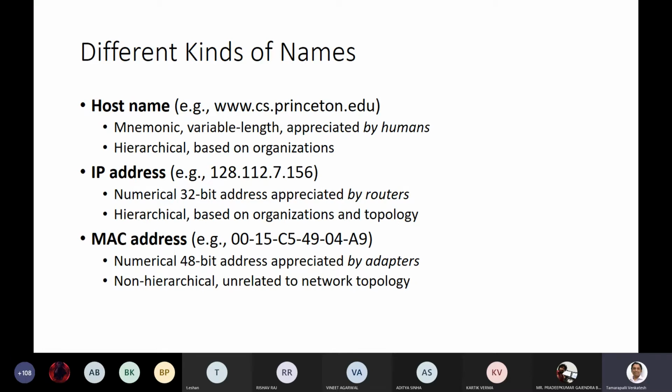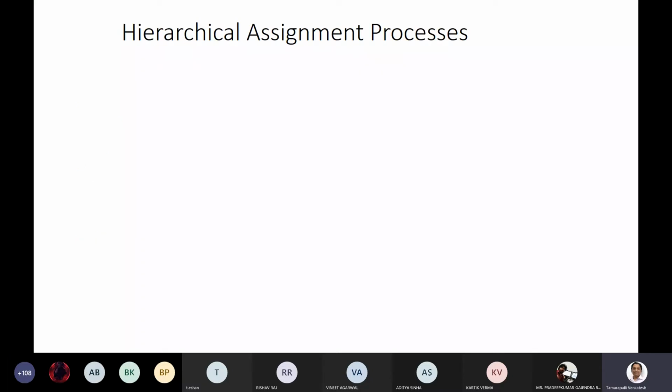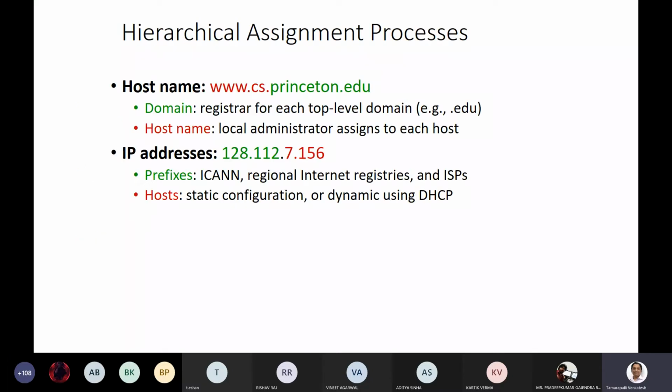So the top two addresses have a hierarchical assignment, and there is a structure in them which is used for resolving or routing or forwarding or identifying the path to the location which is represented by this address or identifier.